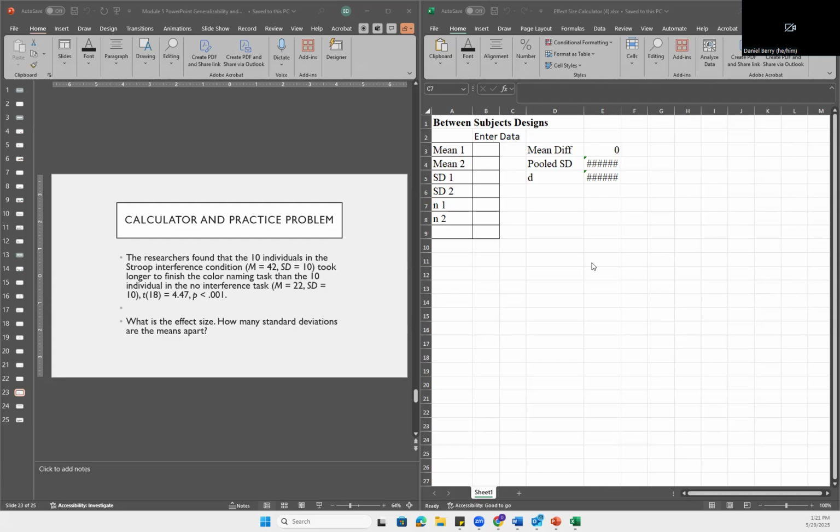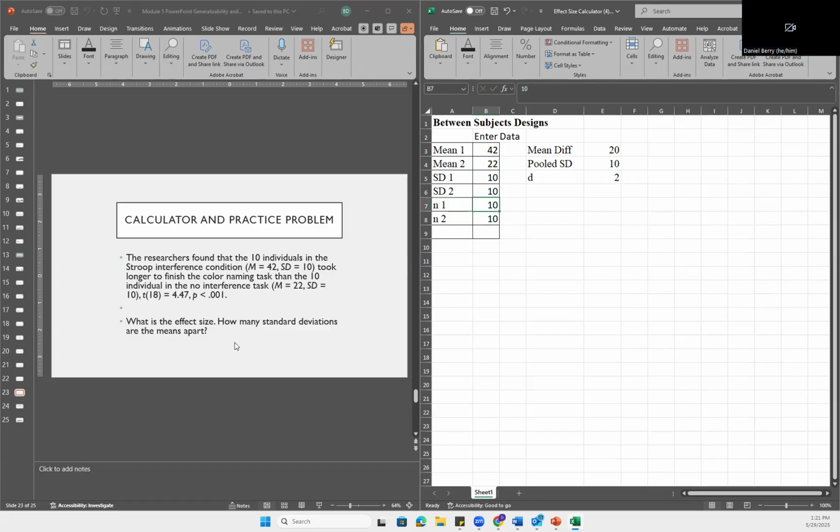Here you can just plug in this information. We have 10 individuals who took the Stroop task, and it took them 42 seconds with a standard deviation of 10. We compared them to people in the no interference task, who did it in 22 seconds, and also had a standard deviation of 10.